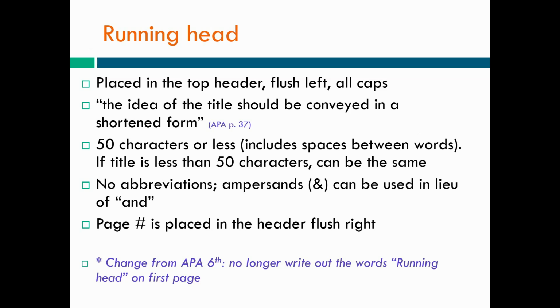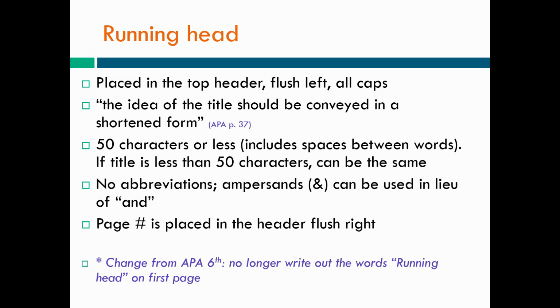In terms of the page number, that is placed on the top right. So you're going to flush that all the way to the right as much as you can. And that is one thing that people usually tend to forget. And importantly, the stuff in purple will highlight what the changes are, or how these guidelines are different from the ones in the 6th edition of the APA manual.